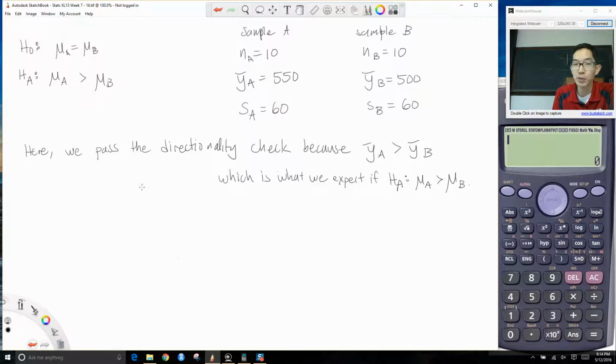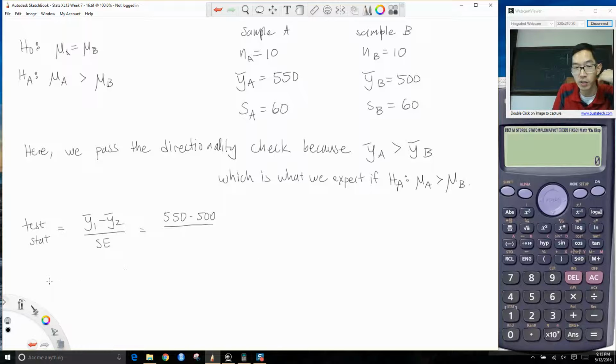And so we would try to calculate a test statistic to get a p-value. Our test statistic would be y bar 1 minus y bar 2 divided by our standard error. So we have 550 minus 500. We're observing a difference of 50, minutes or points, and we want to know, is that large compared to our standard error?